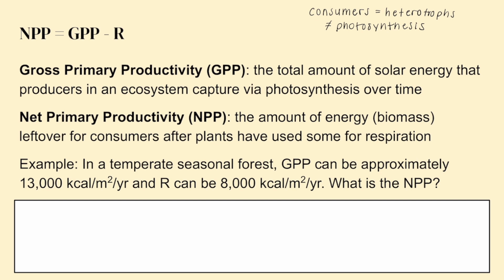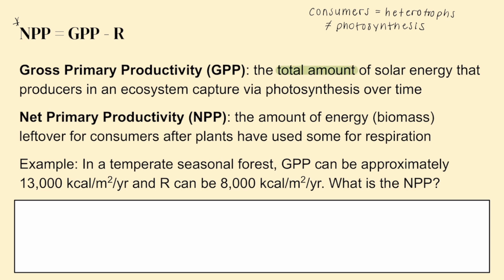So we are really interested in net primary productivity, and I'll tell you why that is. So gross primary productivity, or GPP, is the total amount of solar energy that producers in an ecosystem capture via photosynthesis over time. So this, again, really important, this is our total amount.